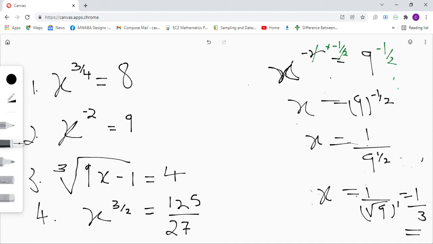So again, whenever x, which is the base, is the unknown value, you have to get rid of the power attached to it so as to find its value. So here, for -2, we multiply it by -half, right?